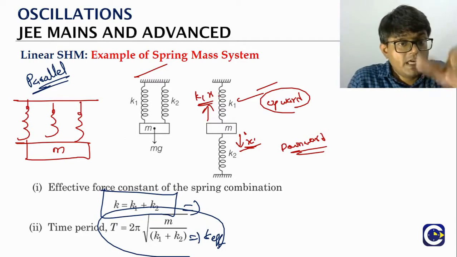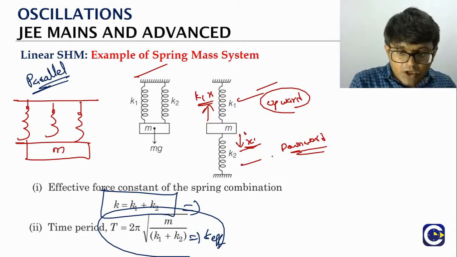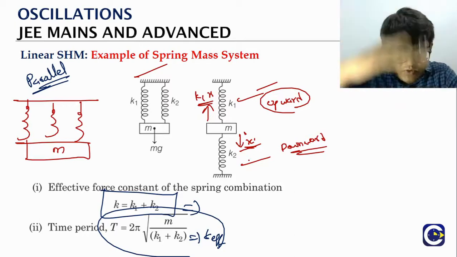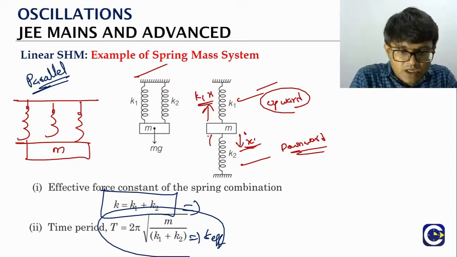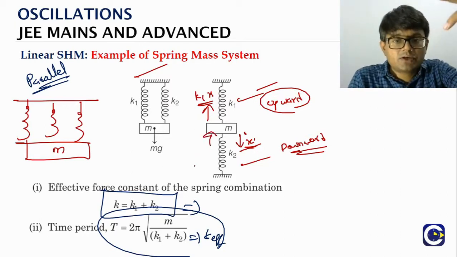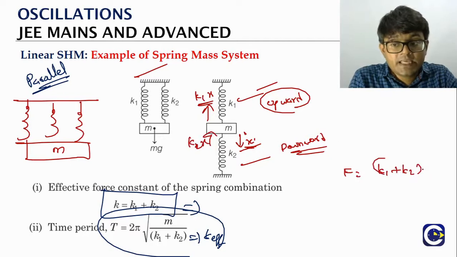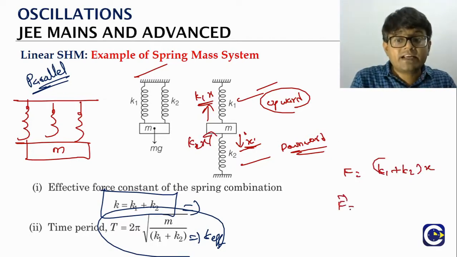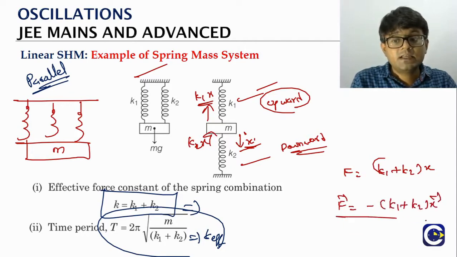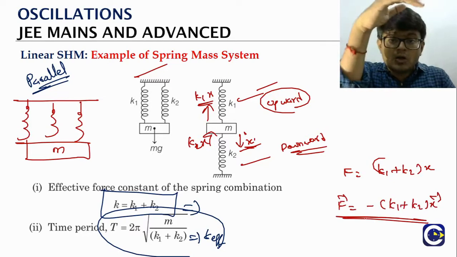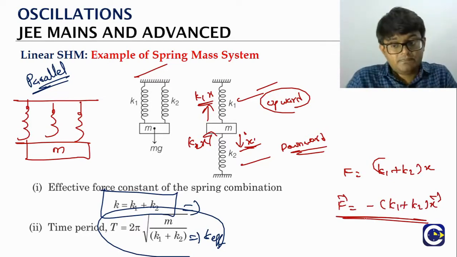What is the value going to be? K1 into x. Now the bottom spring is compressed, so it will also apply a restoring force to go back to the original state. That is K2 into x. The overall restoring force is K1 plus K2 into x, but it will be upwards. So if you want a vector relation, we should put a minus, because the displacement of the block is down and the restoring force is up.